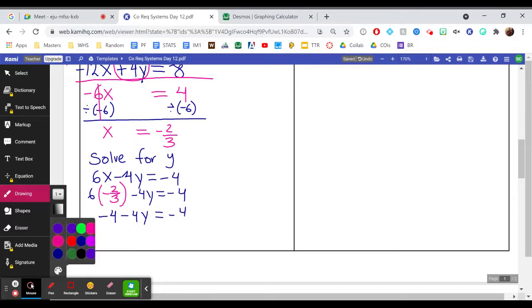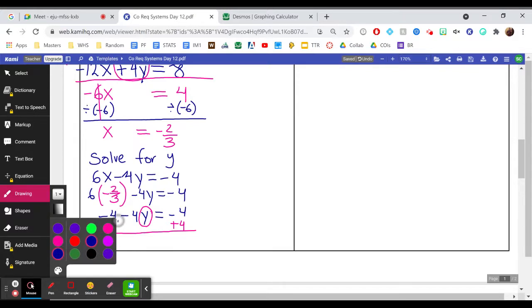Okay, so I want to solve for y. I want y to be left by itself. That means I need to get rid of this negative 4 and the negative 4 next to the y. We always begin working with the numbers that are farther away from the y, the variable. So I'm going to do plus 4 plus 4.